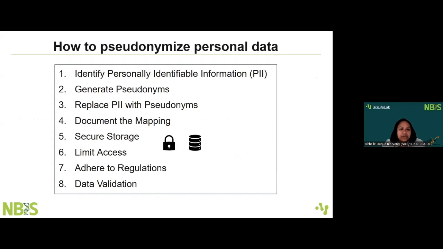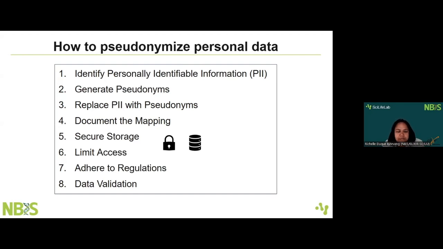So we talked about pseudonymized personal data and how to use pseudonymized data. First, identify the personally identifiable information, or PII. Let's say this is the personal number. And then you generate pseudonyms. The pseudonyms are unique identifiers to replace the original personal identifiers.